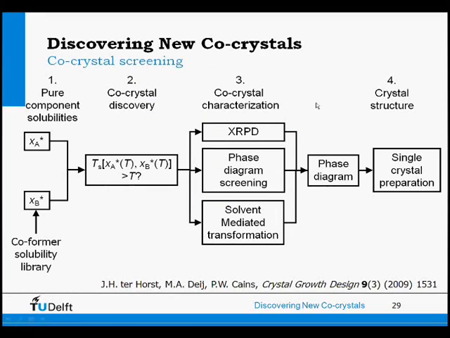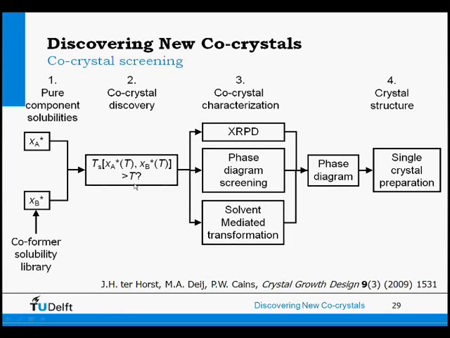So then we come to this screening method. I talked about the first two steps, so determining the pure component solubilities, and those solubilities determine where you have to screen for a co-crystal. So we choose a certain temperature, determine the pure component solubilities, make a sample with composition of these pure component solubilities, and then we measure the saturation temperature.